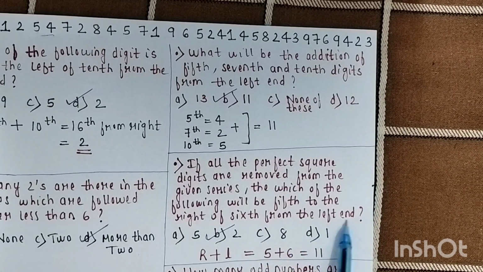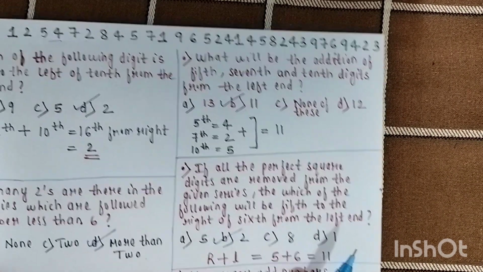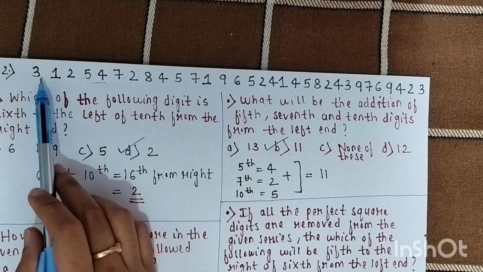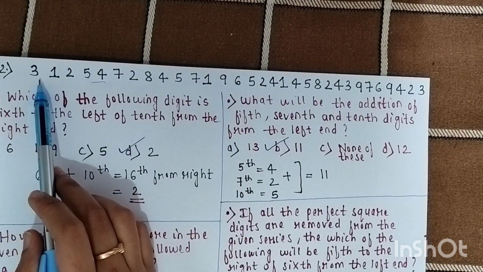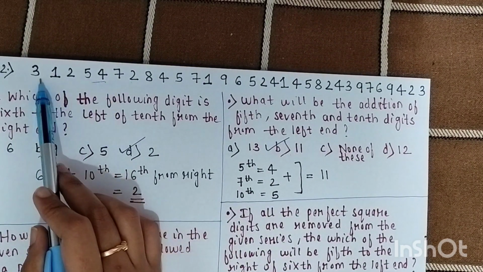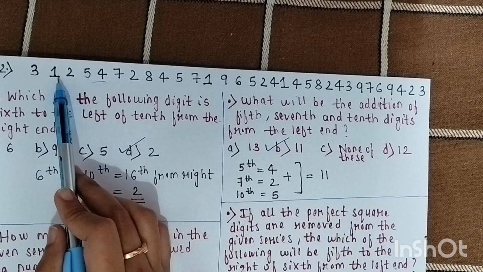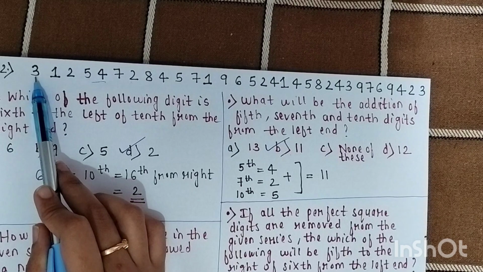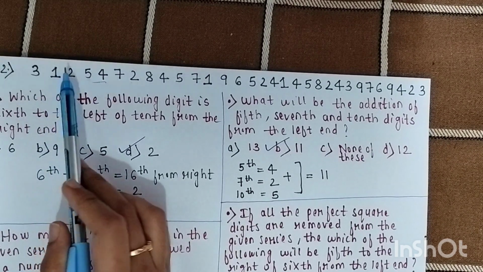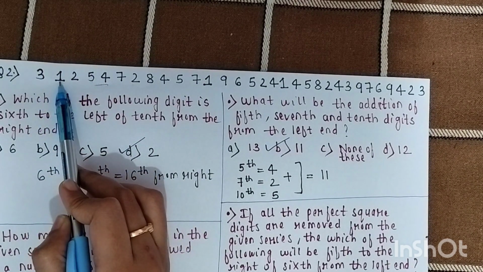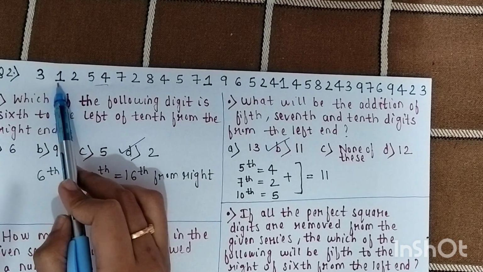From which end have they said? From the left end. So you need to start from the left end. 11th you want. And while you're solving this, you need to remove the perfect squares. 1, 2. See, 1 is also a perfect square. So 1 also needs to be removed.